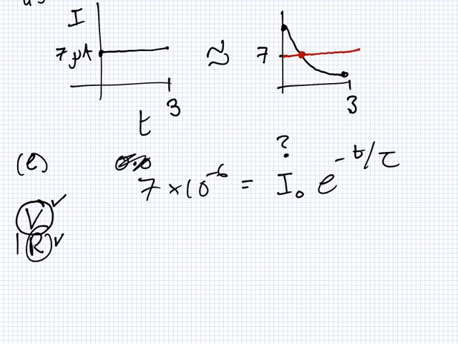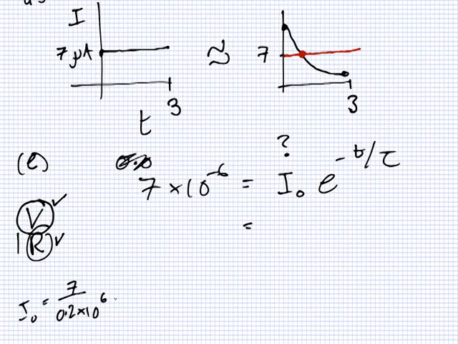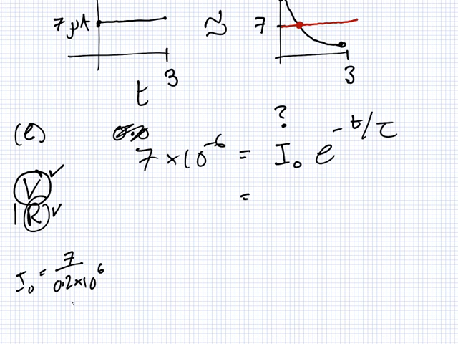I doubt it, though. Let's see what we get. Strange. I thought it would be more than the average. Let's see. The I0 will be 7 over 0.2 times 10 to the 6th. That's 3.5 times 10 to the minus 5. So in other words, that's 35 times 10 to the minus 6. Good.